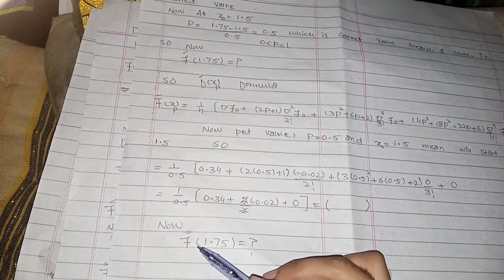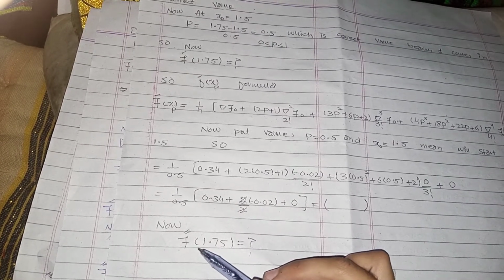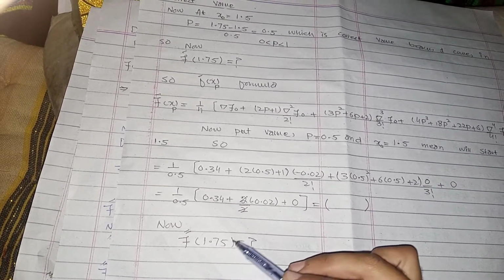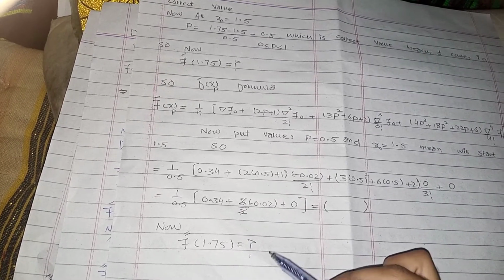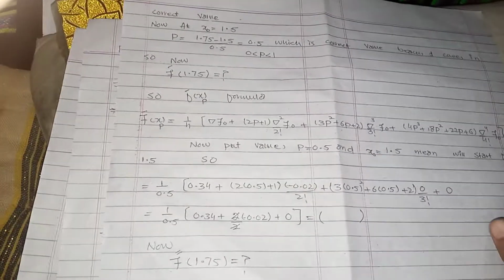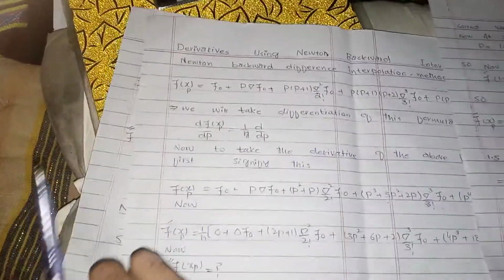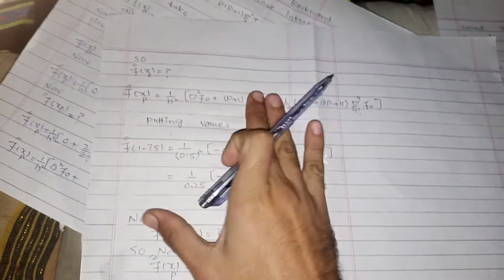Now, as for the question, they have asked for f double dash at 1.75. So first write the f double dash x of phi formula. Let me show you that the second derivative formula is this.